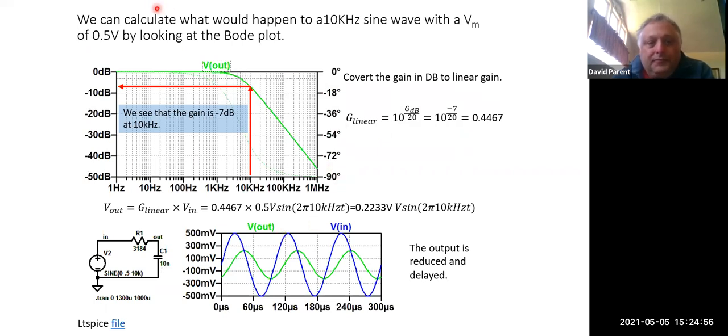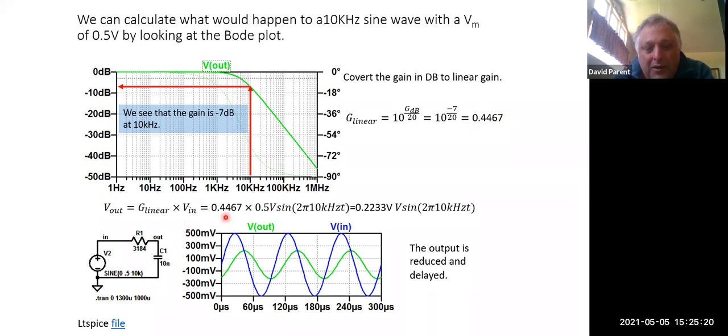So how can we calculate what would happen if we have a 10 kilohertz sine wave with a magnitude of 0.5? We've done that before. I come up at 10 kilohertz, I come over here, the gain is -7 dB, so my linear gain is 0.447.